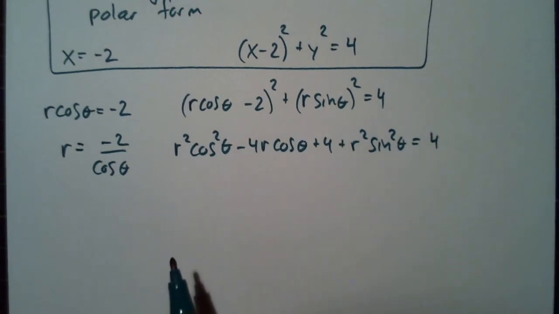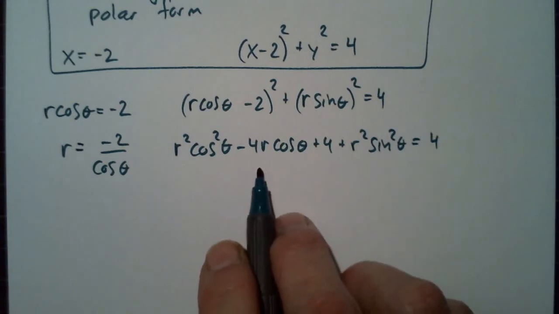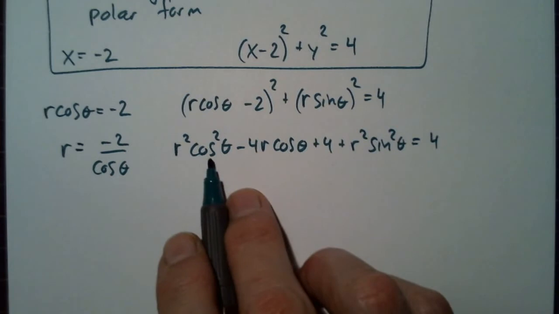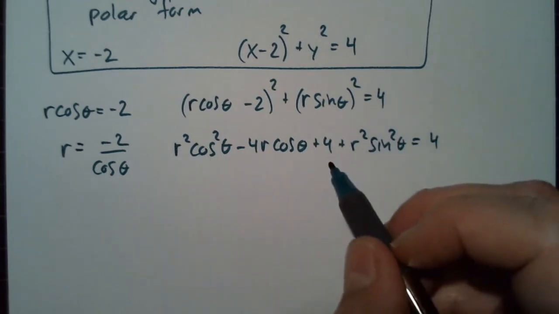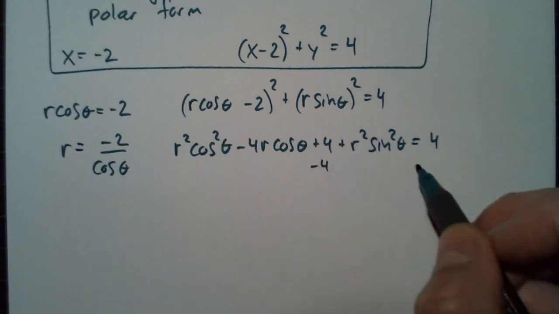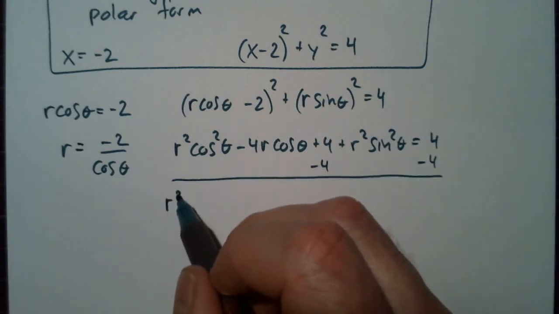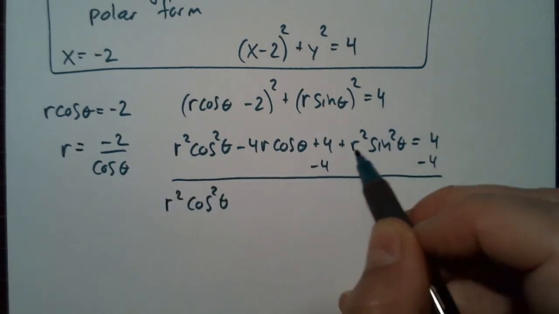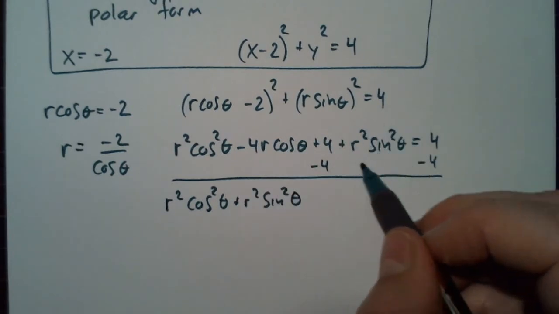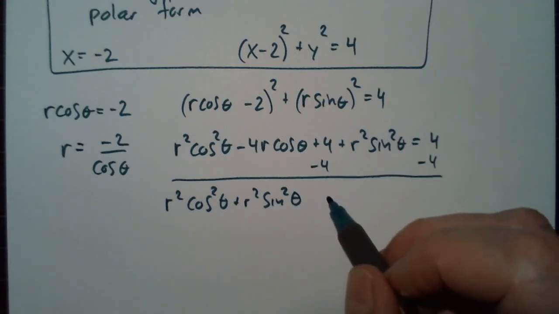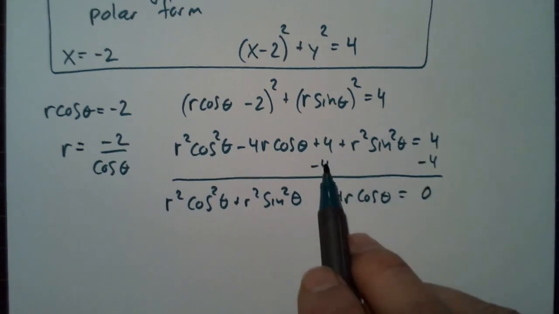And we want to get r by itself. Here we have cosine squared and sine squared. So if we put those together, we're going to eventually get a 1. And let's go ahead and subtract this. And then we're going to group the cosine squared and the sine squared. So I subtracted 4.